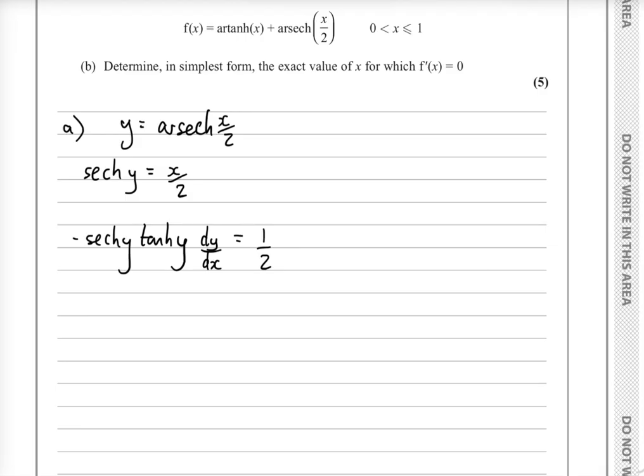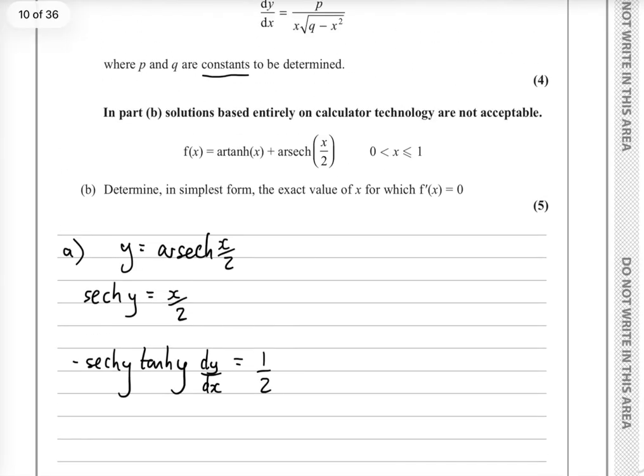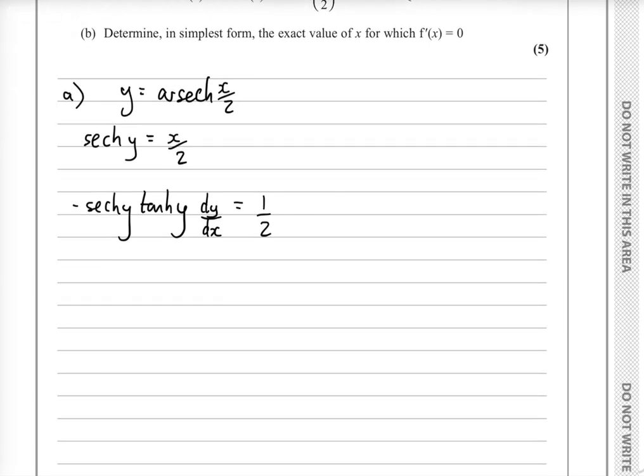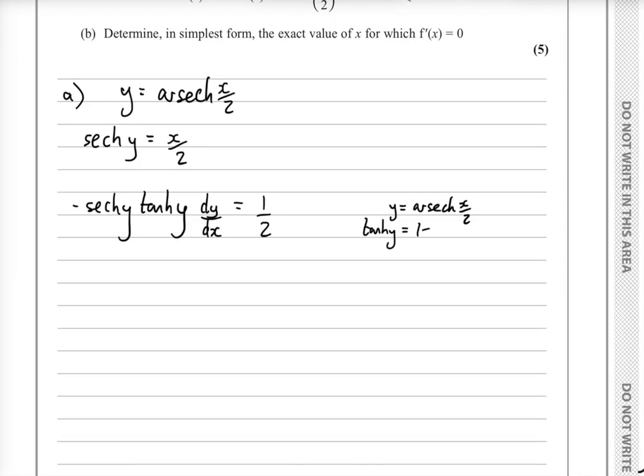Now obviously we don't want all these y's in here, we're trying to prove something with just x's and constants. But we can deal with that because y is equal to r sech x over 2. And if you do sech r sech, then they just cancel out, and we can relate tanh into this as well, because tanh squared y is equal to 1 minus sech squared y.